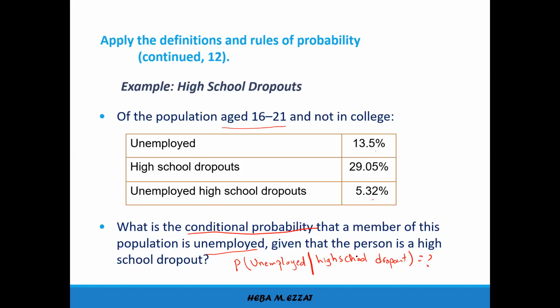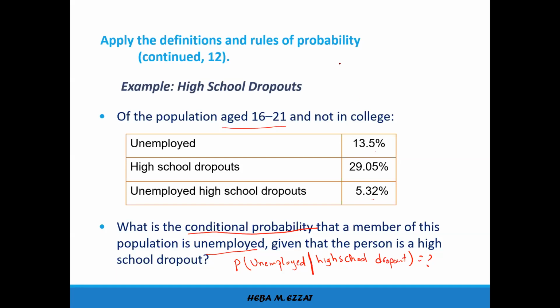Doctor, is it going to be the union of high school dropout and unemployed? No, it's directly said and asked, it needs a conditional probability. It's not a union or something like this. You will apply the conditional probability rule.